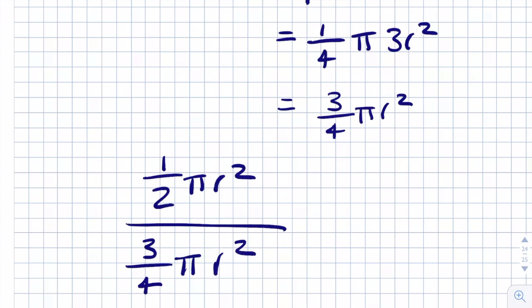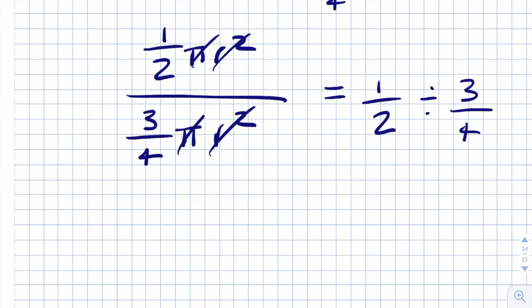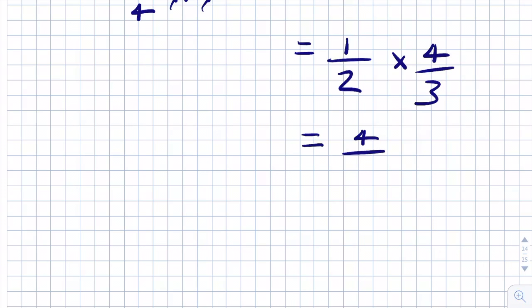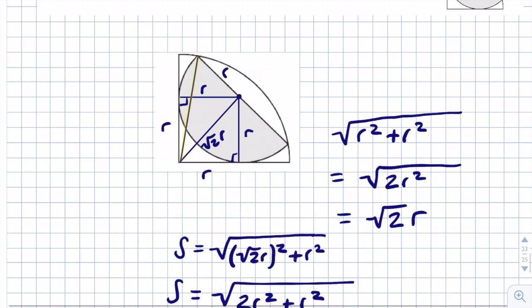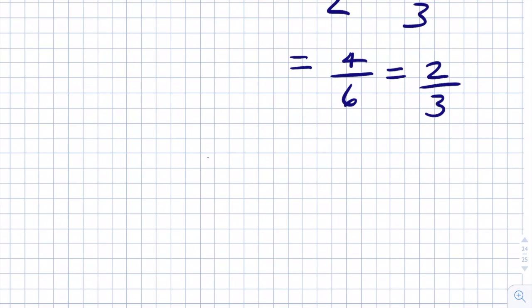Well, the r squared and factor of pi are just constants, so they're going to cancel out. And then you're just left with a half divided by 3/4. Well, of course, we know if we divide two fractions, we take the first fraction multiplied by the reciprocal of the second fraction, so we get a half times 4 over 3. And this becomes 4 over 6, which simplifies to 2 over 3. And we've got an answer for that, which is C.